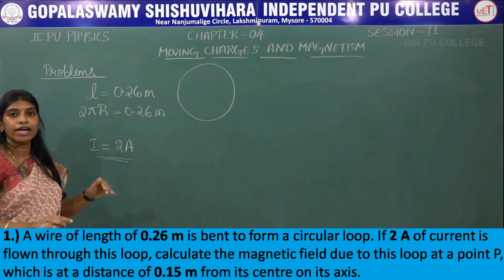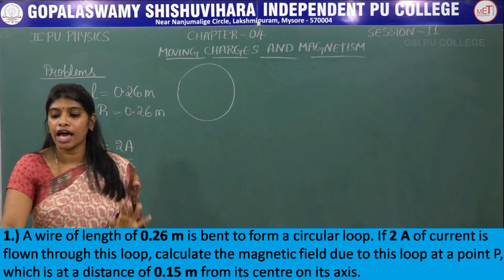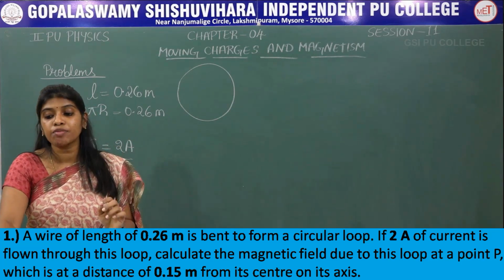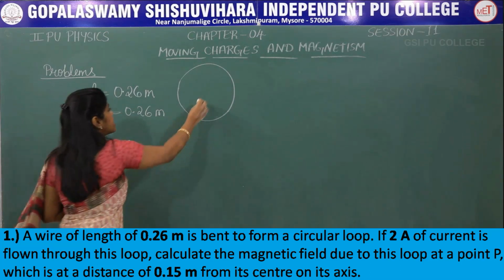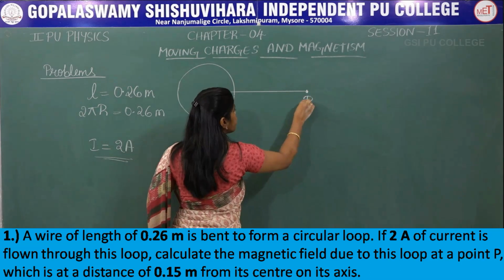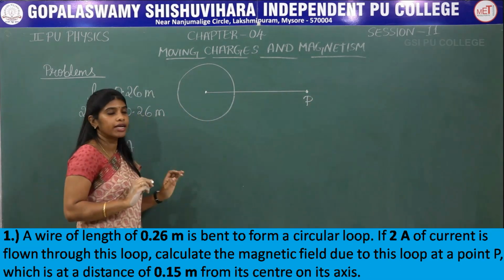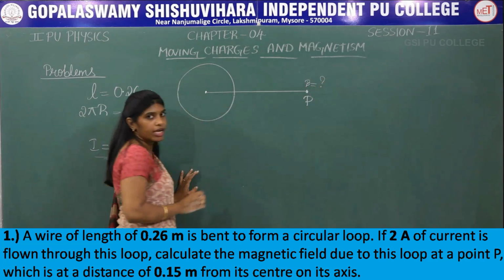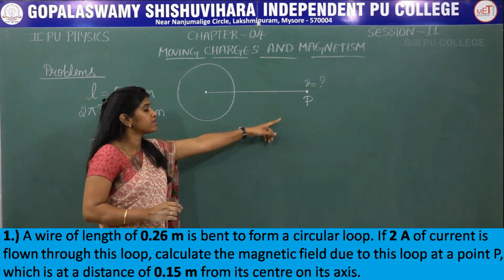2 amp of current is flowing in this circular loop, and you have to calculate the magnetic field at a point P. If this is the circular loop, they have drawn an axis, and at some point P on it you have to find the magnetic field. And at what distance is this P placed?